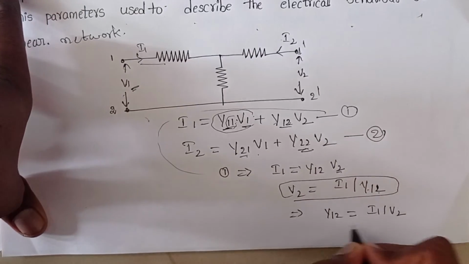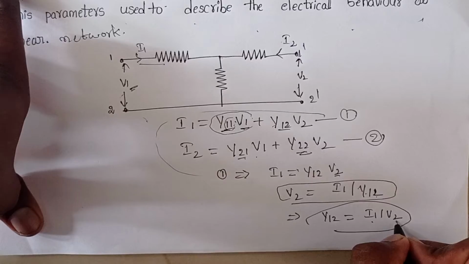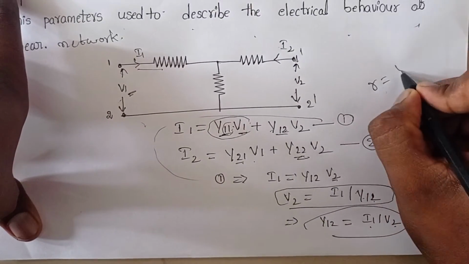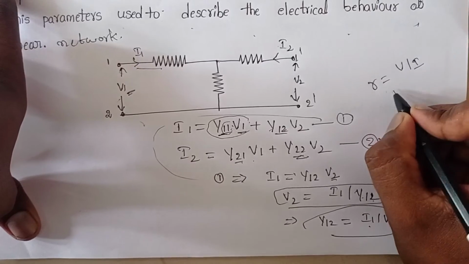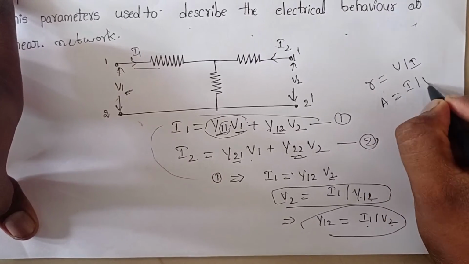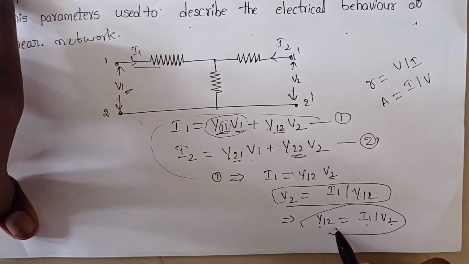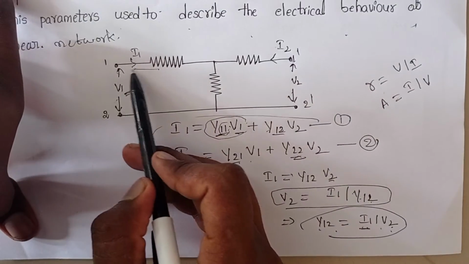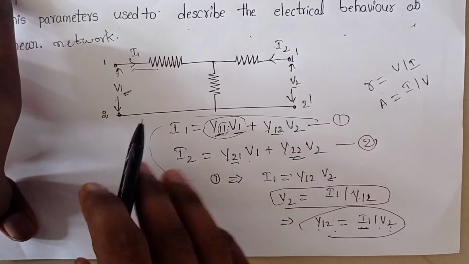I1 by V2. Observe this, I by V. We know resistance equals V by I and admittance equals I by V. Here Y12 equals I1 by V2. I1 is the input current and V2 is the output voltage.